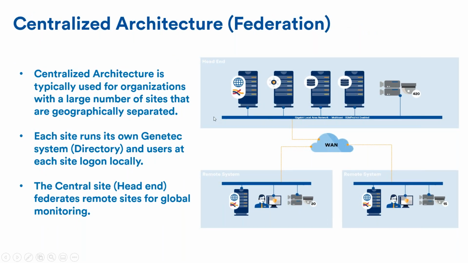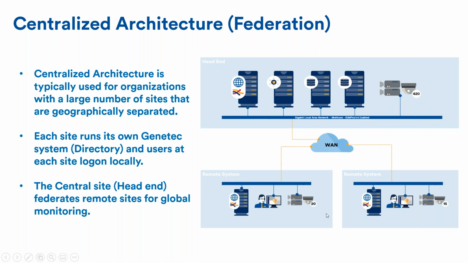In my centralized architecture or federation architecture, I have a directory at the head end, and directories at both remote sites, and those remote sites are systems in and of themselves. What allows you to scale with this architecture is something called the federation role. We have a federation role at the head end, and the federation role has login credentials for the remote sites.